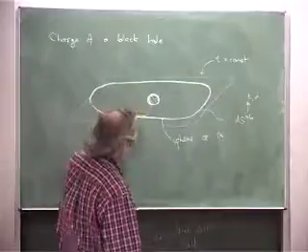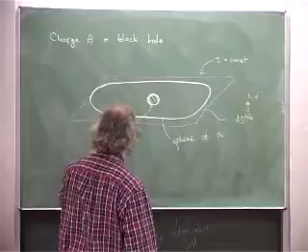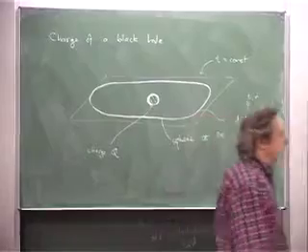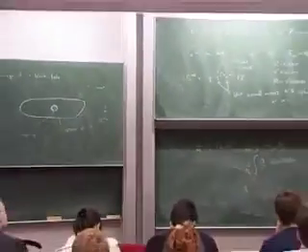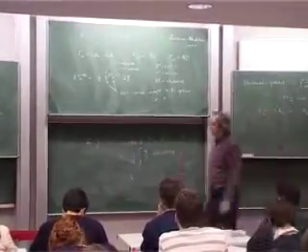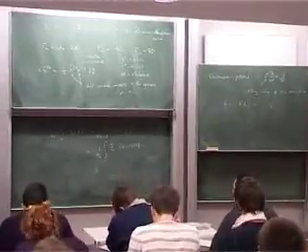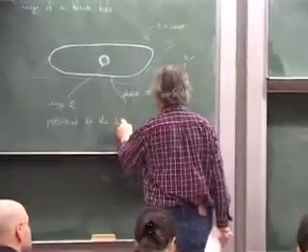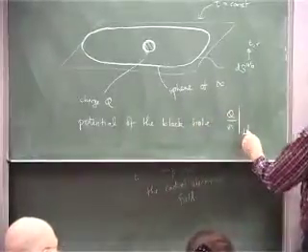So this thing you can say certainly has charge Q. And you could also associate an electrostatic potential with the horizon, rather like you would for a capacitor if the thing was just some big blob. It's just Q over R. So that's electrostatic potential. You can call that the potential of the black hole, Q over R evaluated on the horizon.